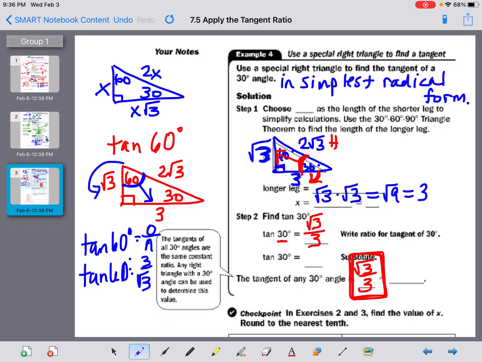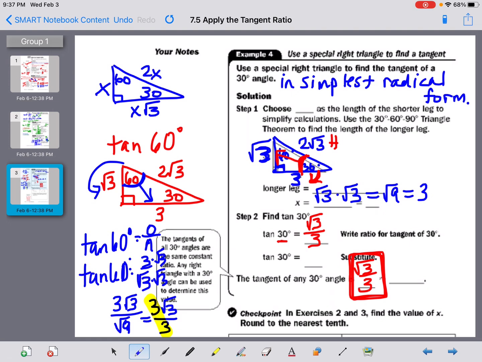Am I allowed to leave a radical in the denominator? No. So I would multiply by radical 3 on the bottom, and what I do to the bottom, I do to the top. So across the top, 3 times radical 3 is 3 radical 3. Across the bottom, radical 3 times radical 3 is radical 9, which equals 3. And the only thing I can simplify is outside numbers. You can't go in and out.